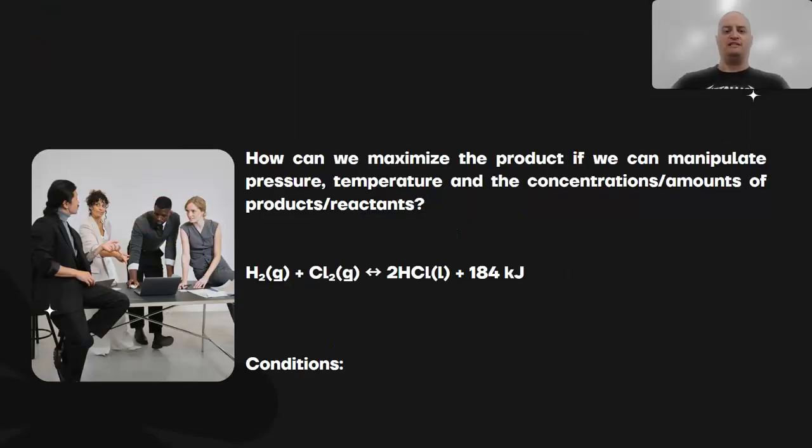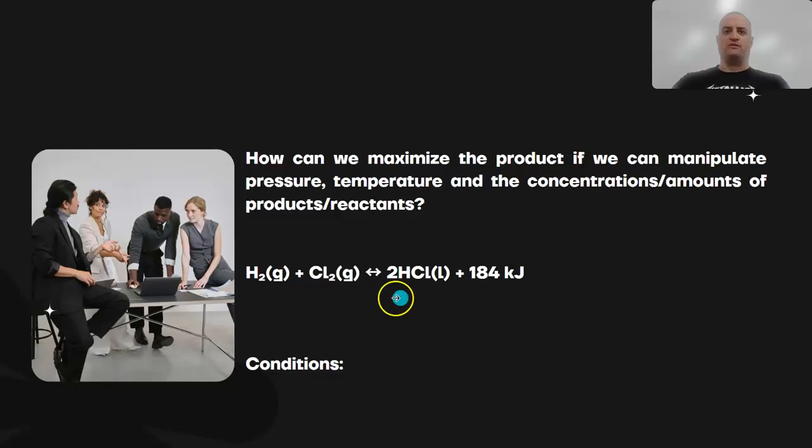Let's look at our second example. I'll start off again, kind of stuff on the left. So increasing H2 and increasing Cl2 will give me more reactants to make products. Excellent. If I look at the pressure, I have 2 gas particles on the left, nothing on the right. So if I want to try to shift it to the right, I would increase the pressure.